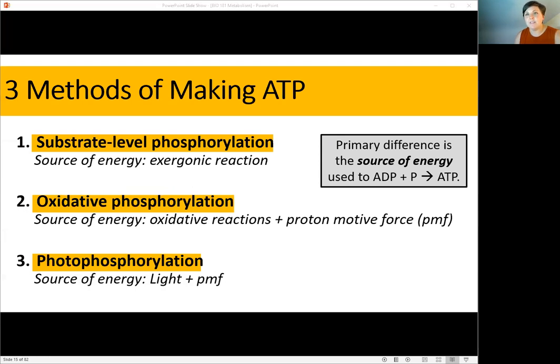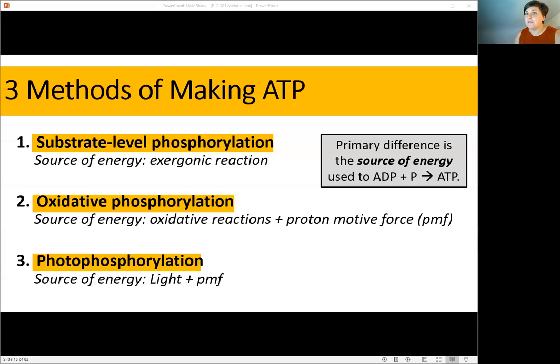In this case, instead of enzymes releasing electrons from chemical bonds, as is the case with oxidative phosphorylation, energy from light, or photons, release electrons from chemical bonds. However, similar to oxidative phosphorylation, these electrons are subsequently used to generate a proton motive force, which is a source of energy for the generation of ATP.